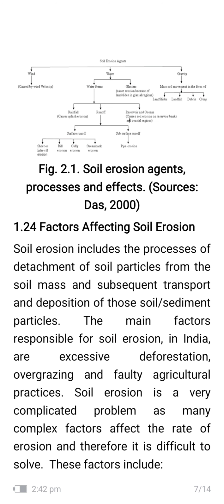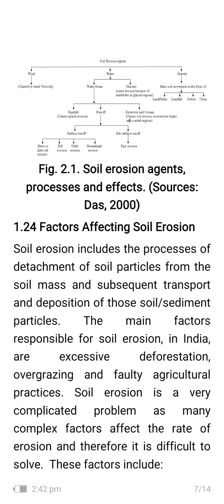In surface runoff you see sheet or interrill erosion, rill erosion, gully erosion, and stream bank erosion. In subsurface runoff you see pipe erosion. Last one, gravity erosion: mass soil movement in the form of landslides, landfall, debris and creep.